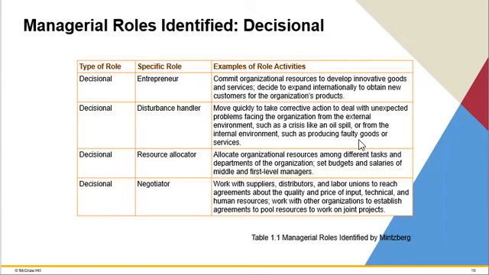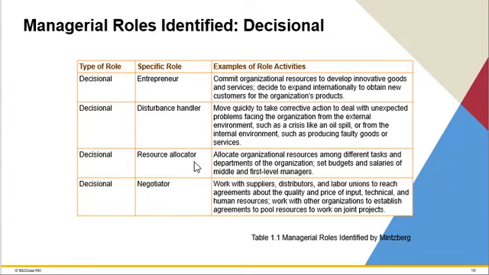Dia produce barang salah ataupun servis tak bagus. Macam mana nak handle this kind of problem. So this is disturbance handler punya role.